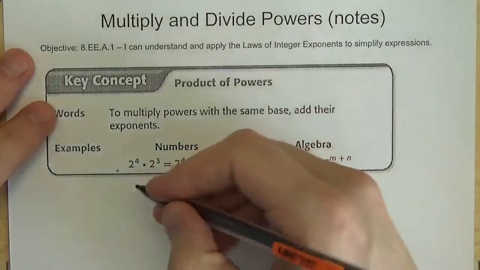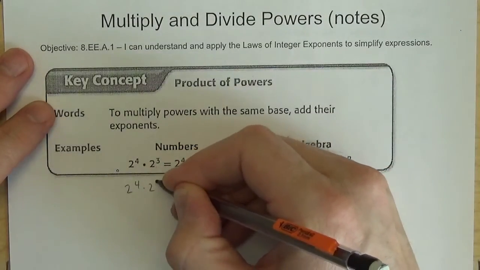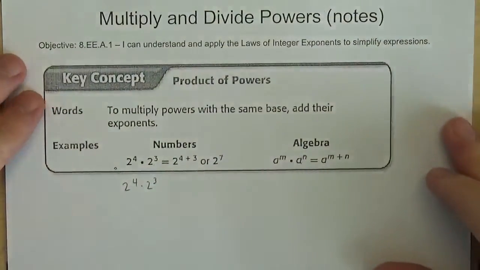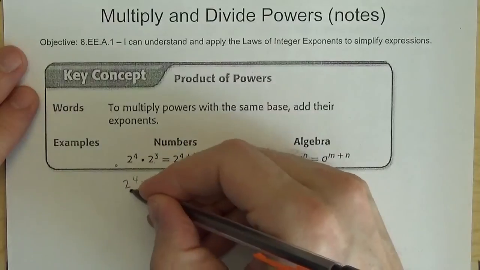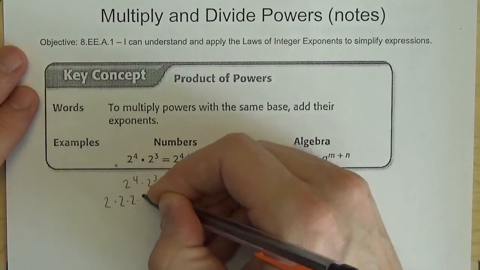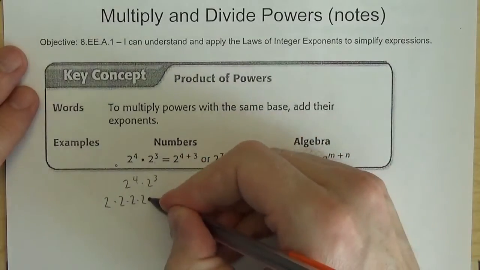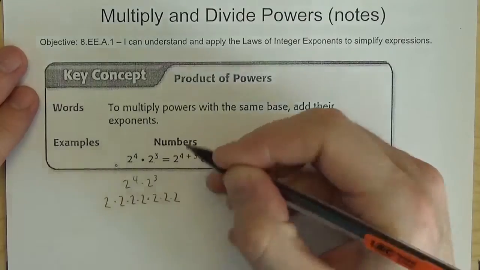So what I'd like you to do is rewrite this problem with me here. That's 2 to the 4th times 2 to the 3rd, because I want to show you what this literally means and why we add those exponents. So remember, 2 to the 4th means 2 times itself 4 times. So I want you to rewrite that as 2 times 2 times 2 times 2 times 2 to the 3rd. So 2 to the 3rd is 2 times 2 times 2.